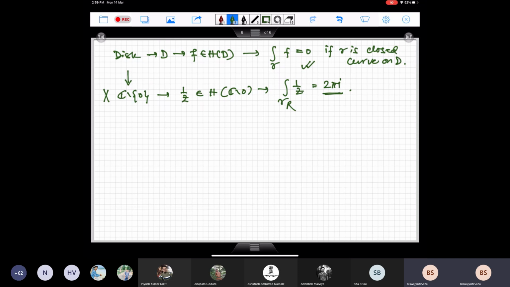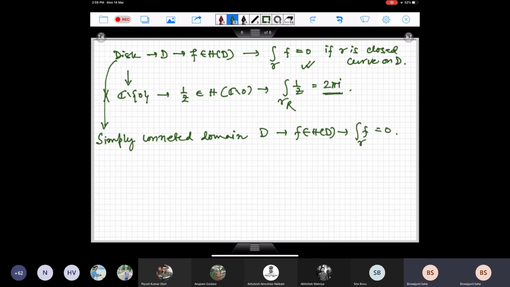Here I have taken a disk, but actually the same property, whatever I have written, holds for any simply connected domain. So if I take any simply connected domain D, and any f in H of D, then the integral of f over gamma is going to become 0. And the simple point, as I said, is that any two closed curves are going to be homotopic. So in particular, any closed curve is going to be homotopic to a single point.